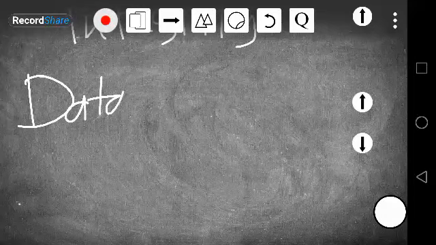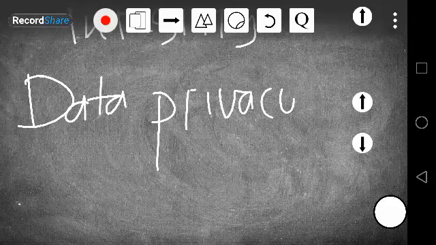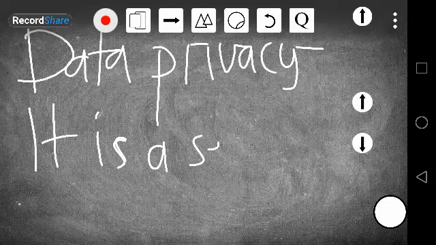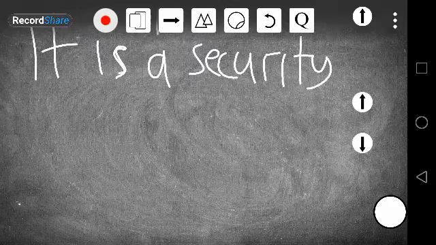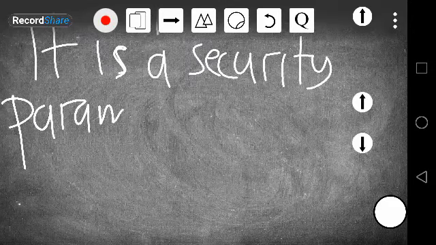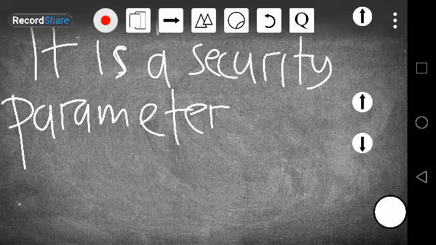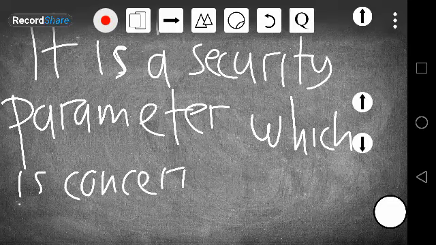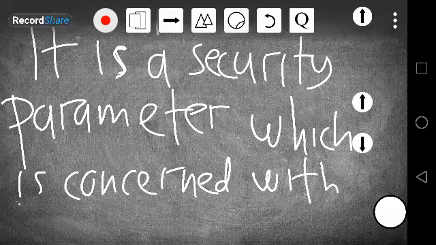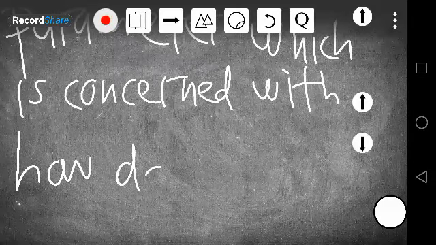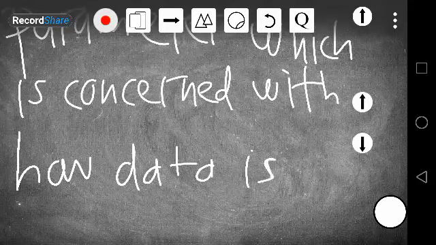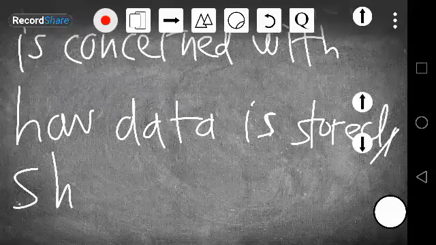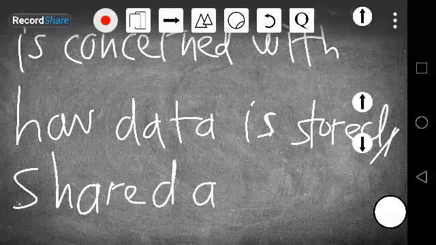So let me define this. It is a security parameter which is concerned with how data is stored, shared, and used.